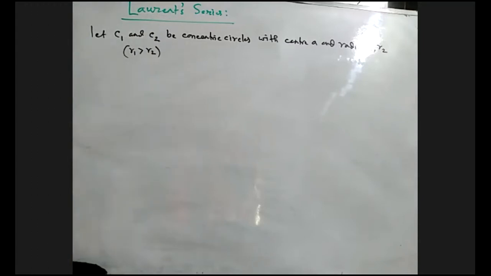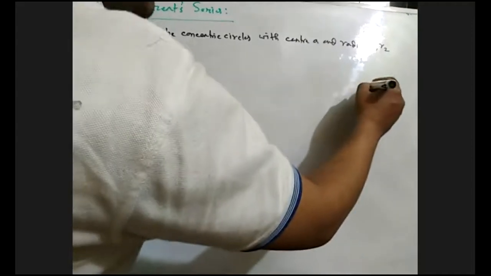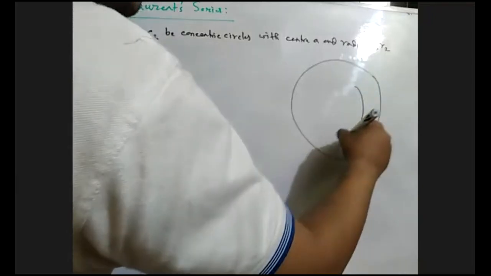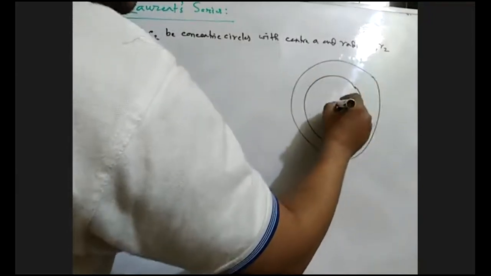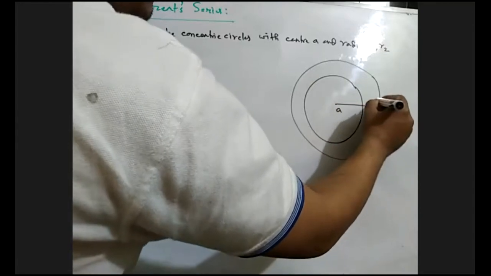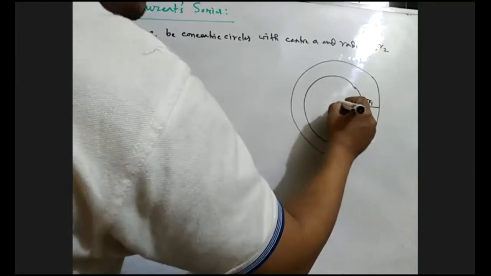That means the radius of the first circle is greater than R2. Suppose we have two circles like this. The center is a, and this radius is R1.